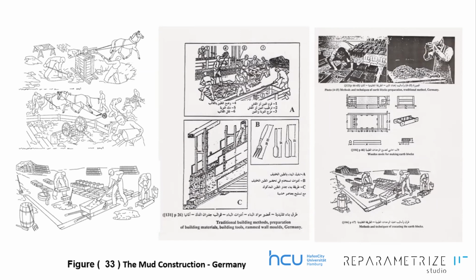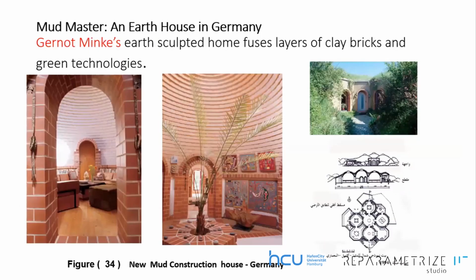And at that time, in 2000, we visited a very good experiment by Professor Meinecke in Kassel. He also used mud construction material to build a new building in this city.